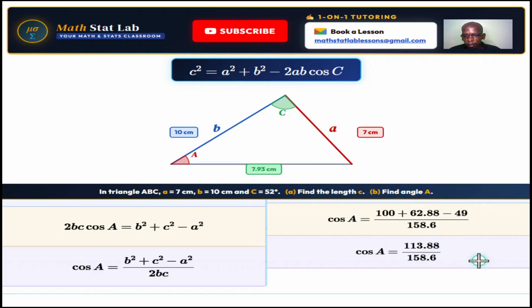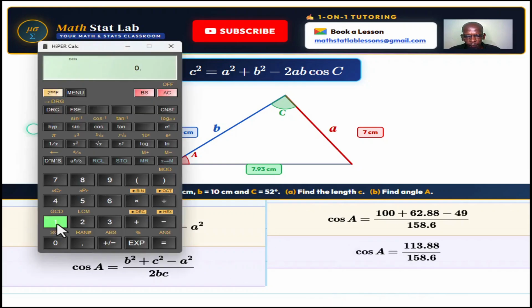113.88, then divided by 158.6. So we can just go directly to the calculator, and we enter 113.88.